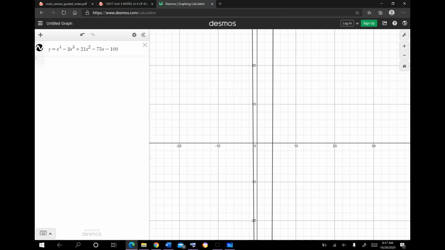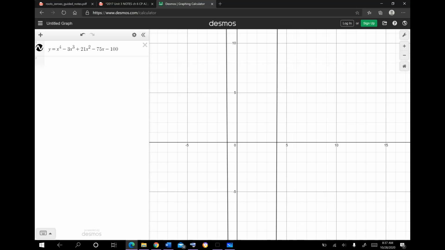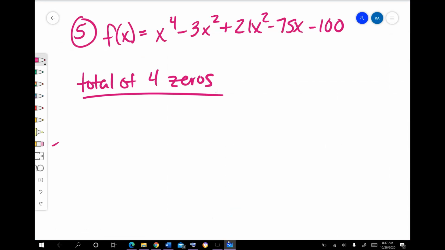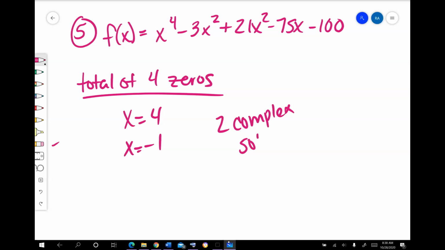Well, that's it. There's only 2 real solutions. Okay, so 1 is 4 and 1 is negative 1. So x equals 4, x equals negative 1. Well, that's only 2 of the 4. So that means that there are 2 complex solutions. So we have 2 real, and then we would have 2 complex.